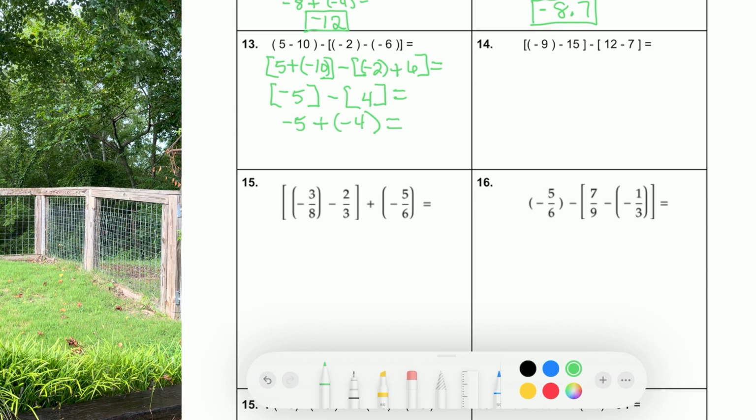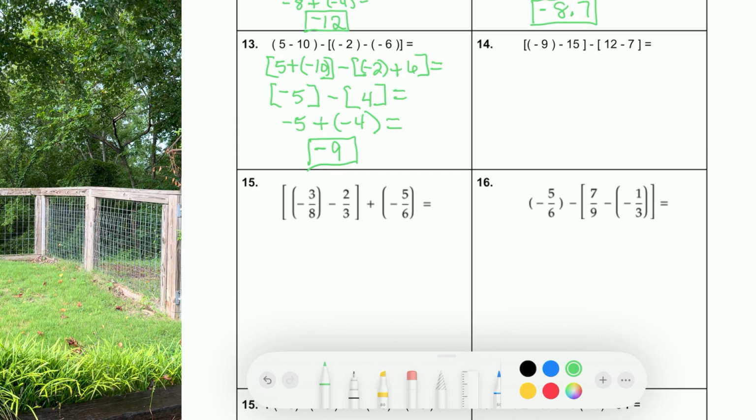We now have the same sign, so we're going to add them and keep the sign. So 9, keep that negative symbol, and we end up with a -9.